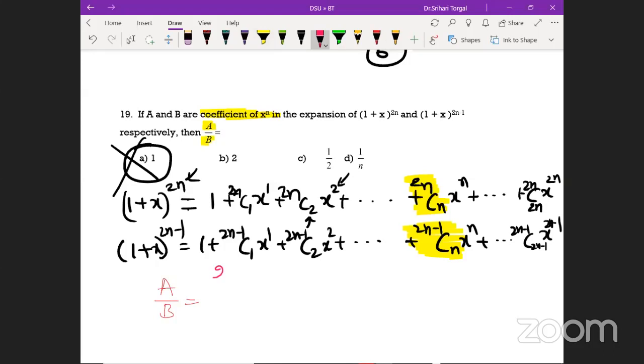Now A by B is equal to, what is A? 2ncn, and B is 2n minus 1 cn. Is that okay? Then we'll calculate this.